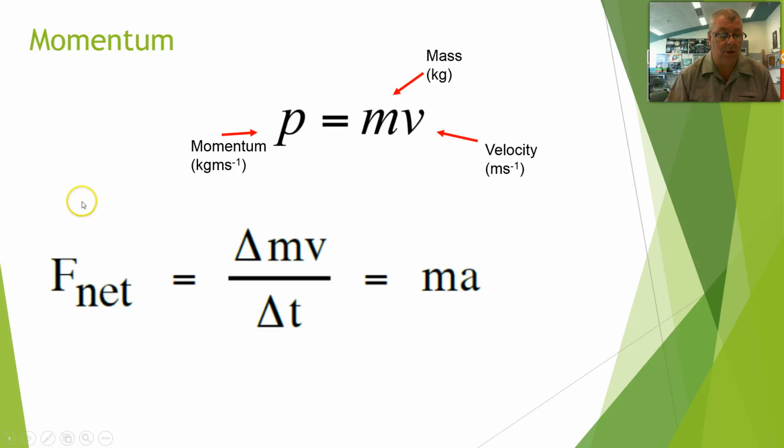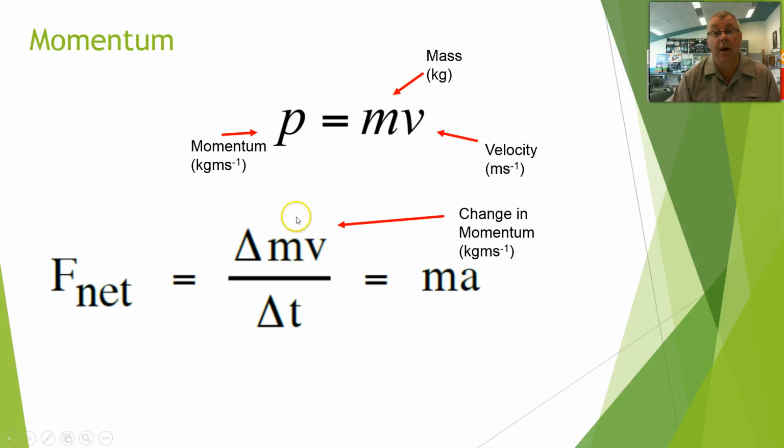Now on your physical science sheet you had a slightly different arrangement of this, but in the physics sheet we have this, where the net force equals, triangle means change in, mv is obviously the momentum, so this statement here is the change in momentum, and although it says mv, we could have u there, they're interchangeable, and so sometimes in physics we don't always state all the possibilities because there's an assumption that you can work out that v and u are interchangeable depending on the situation. And delta t is the time interval over which this change in momentum occurred, and that all equals ma.